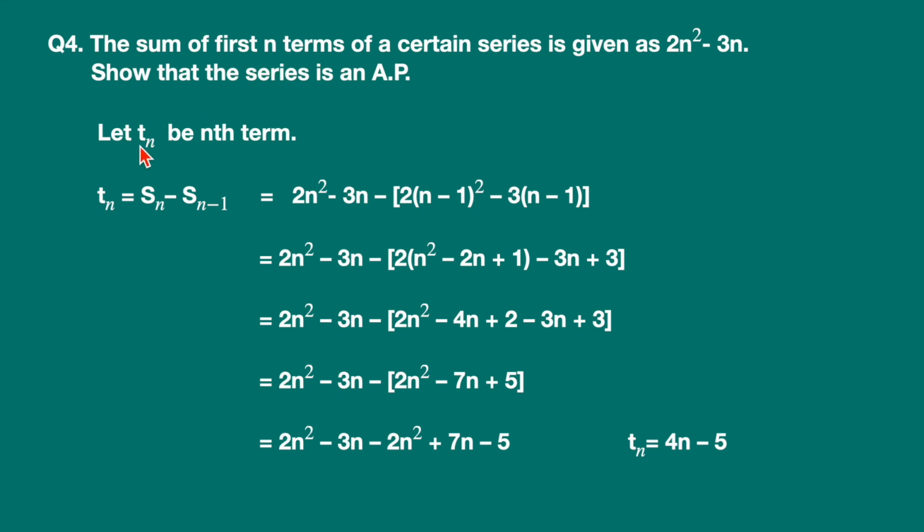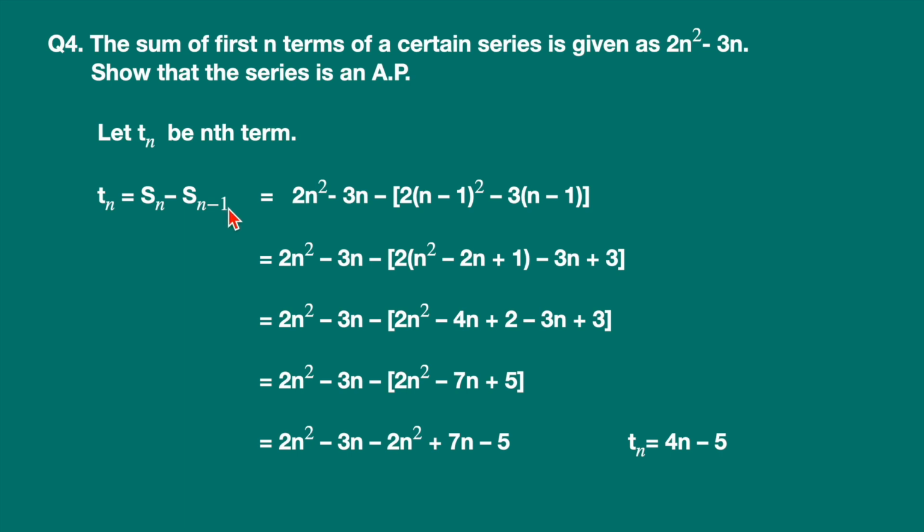To write down Tn here, let's see what they have given to us. The sum of the first n terms is given by 2n square minus 3n. So this is the general formula for Sn. Now the nth term is given by the sum of the first n terms minus the sum of the n minus 1 terms.